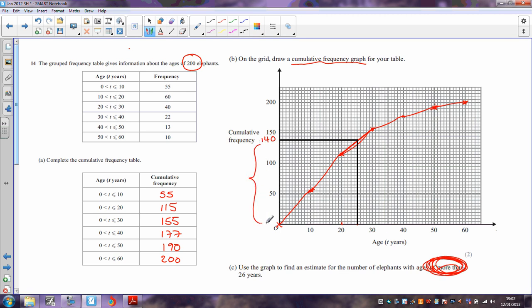Well, if 140 elephants have an age of less than 26 years, then the remaining 60 elephants, so between 140 and 200, 60 elephants have an age of more than 26 years. Okay, so the answer there is around 60, so about 60 elephants.